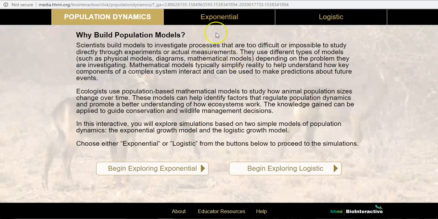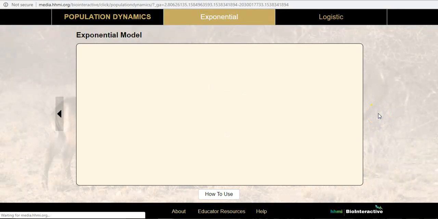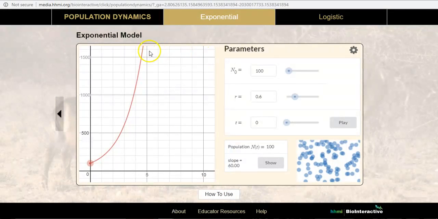So it gives you introductions to exponential growth, what an exponential model is. You can use this maybe for zoology kids when we start talking about the ecological importance of certain organisms, but it tells you and breaks down what everything means. And once you finish that, you can start creating an exponential model.